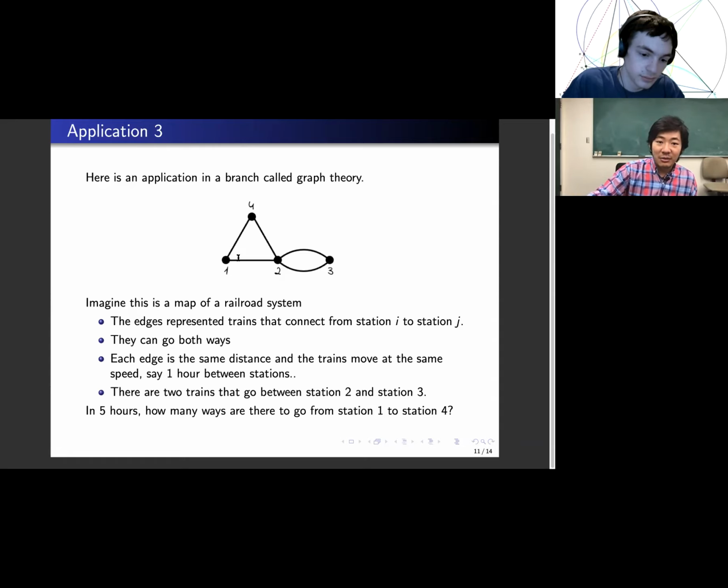And there's 1 plus 2, right? So in order to get to this place, you have to get to either here or here first. And so if you count the number of ways to get to 1 in however many steps, and then count the number of ways to get to 2 in however many steps minus 1, your penultimate step, then if you add the number of ways to get to these two together, then you would know the total number of ways to get to 4 in however many steps. So you think sort of inductively.